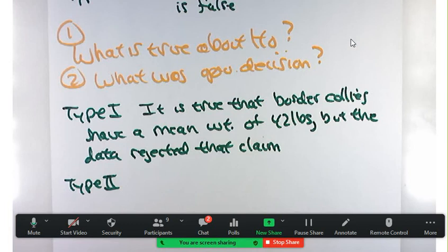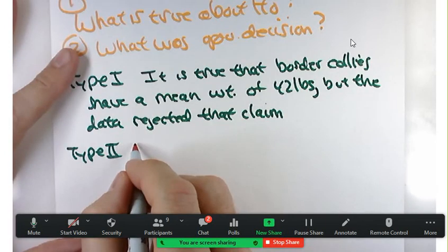Type 2 error. That means H naught is false, but we didn't reject it. So let's see if we can state that. And I would write it like this.